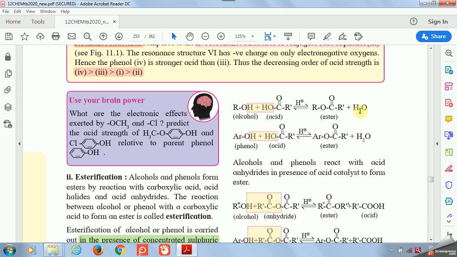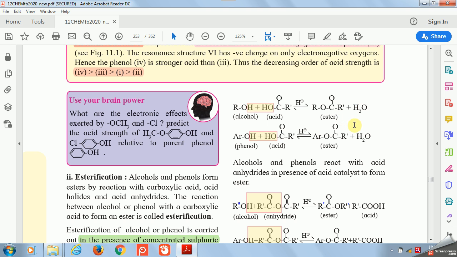So how does this reaction take place? This RO will attack on the carbonyl carbon, this is the carbonyl carbon, and the hydrogen of alcohol and OH of acid get removed as water. So remember this, don't remove the OH group of alcohol and hydrogen of acid to give water.